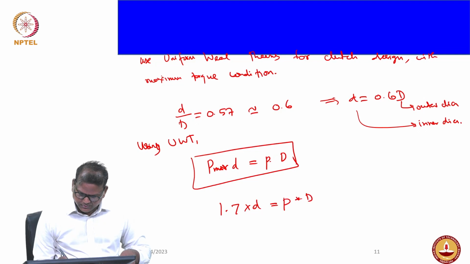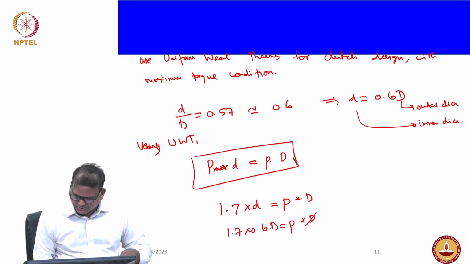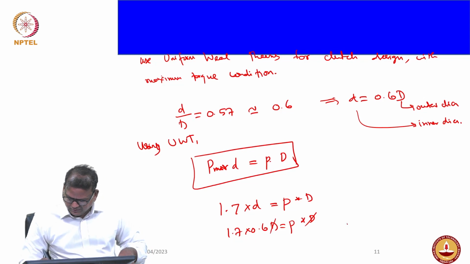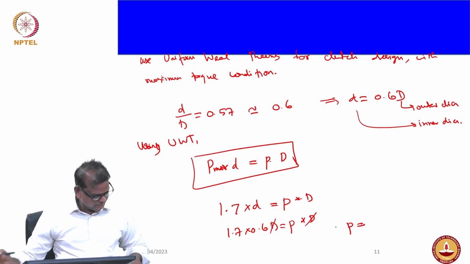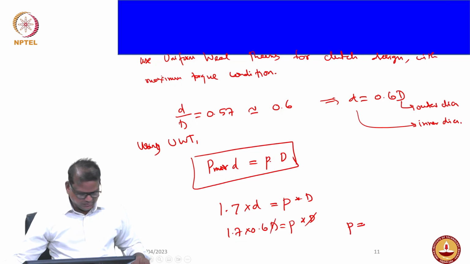Instead of d we can substitute 0.6 D, and P into D, so this will cancel out. Can you tell me what pressure you would expect here?